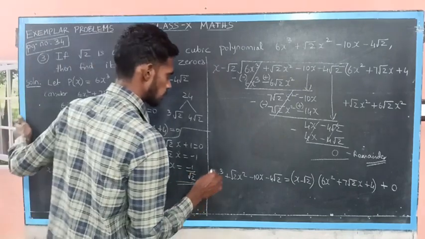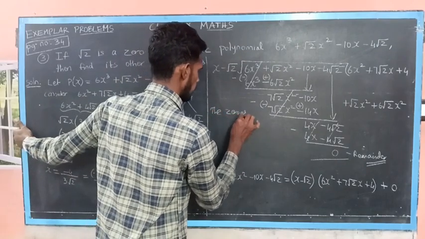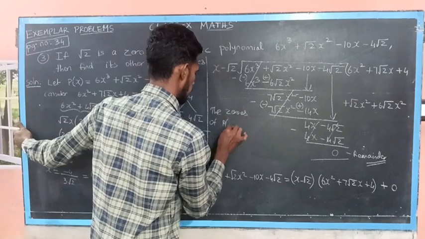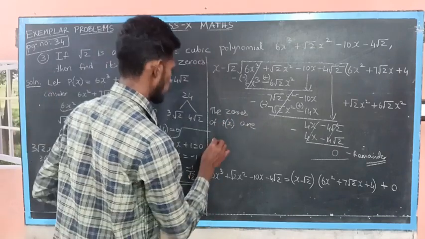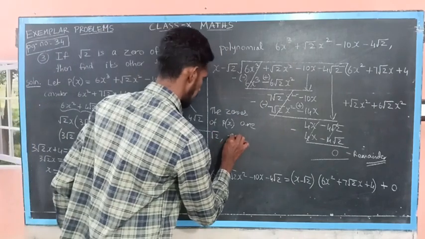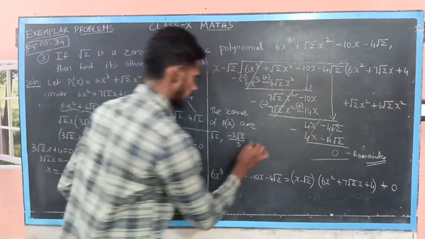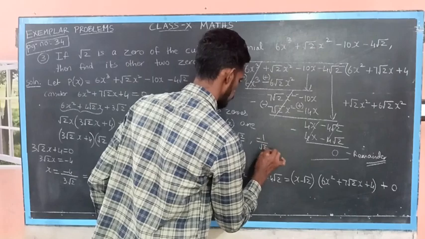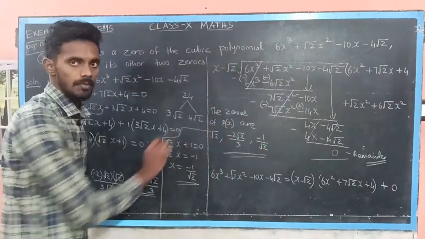Okay. So you can conclude the zeros of the polynomial p of x are, first write the given zero root 2, and the zeros we have found, minus 2 root 2 by 3 and minus 1 by root 2. So these are the zeros of the polynomial p of x. Okay.